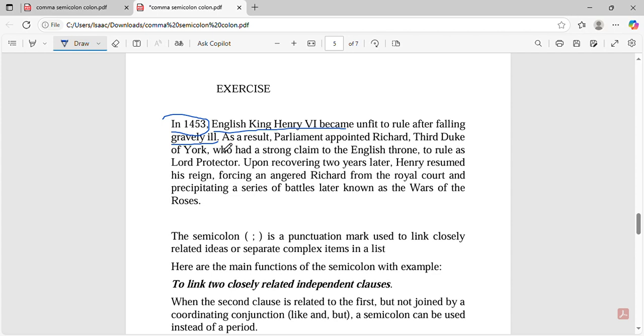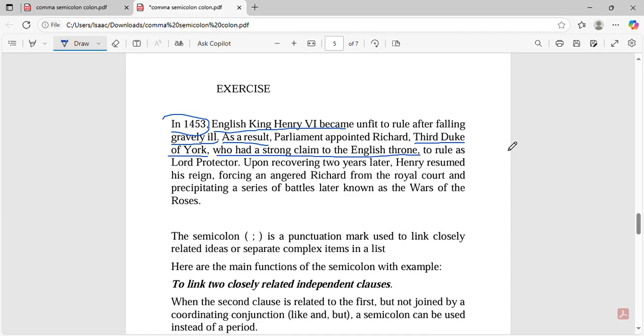This is another introductory phrase: As a result, Parliament appointed Richard. That is the main clause. Then you have an appositive here: Parliament appointed Richard, 3rd Duke of York, and then there's a relative clause, to rule as Lord Protector.